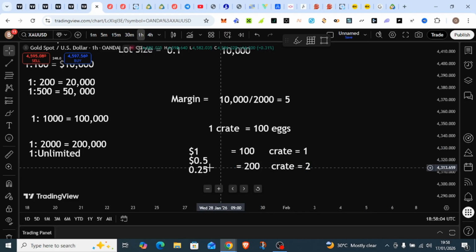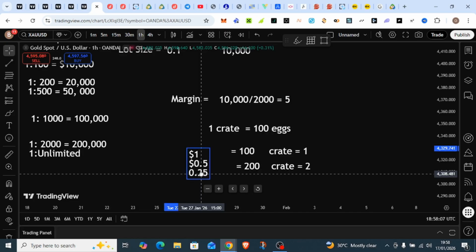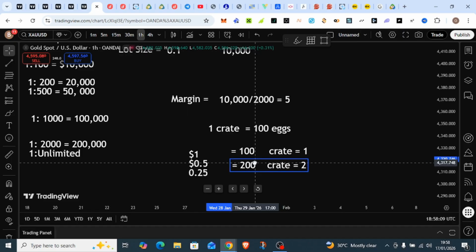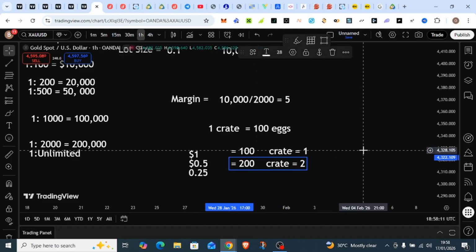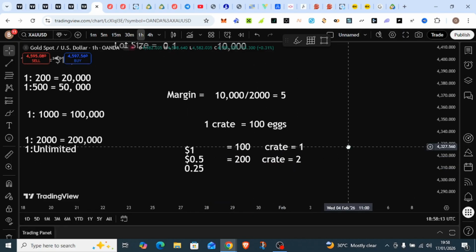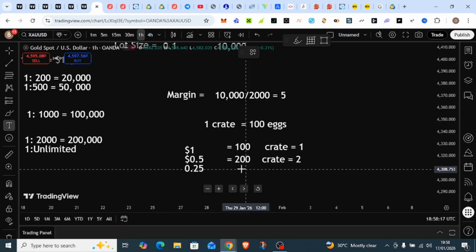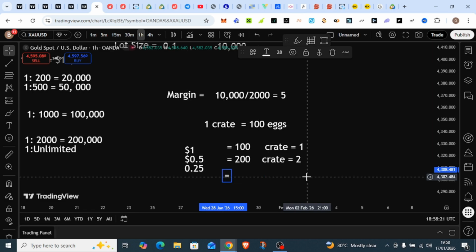And we have another one here at $0.25 per egg. The buyer will have 400 eggs in quantity, and the crates are going to be 4.